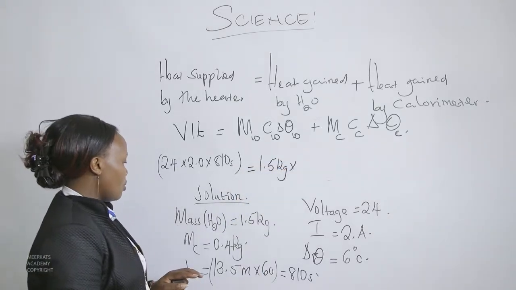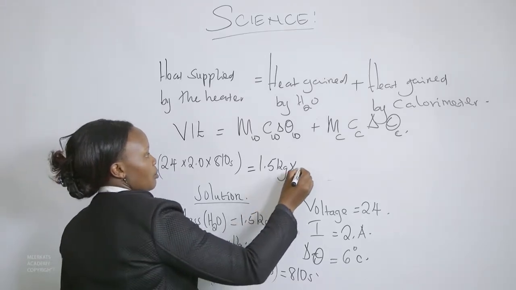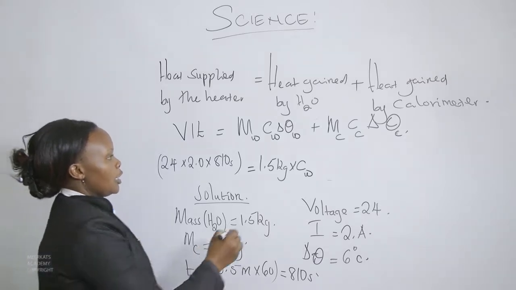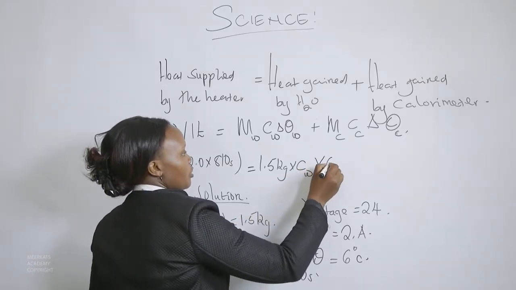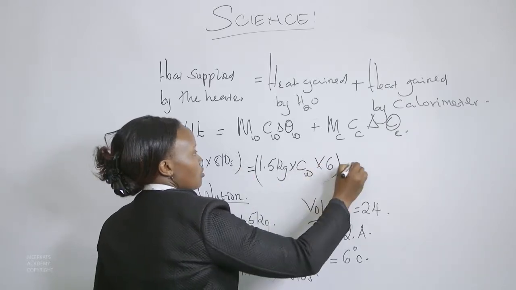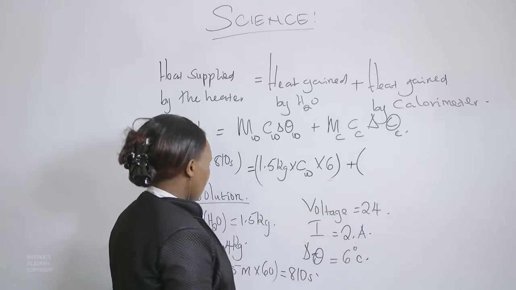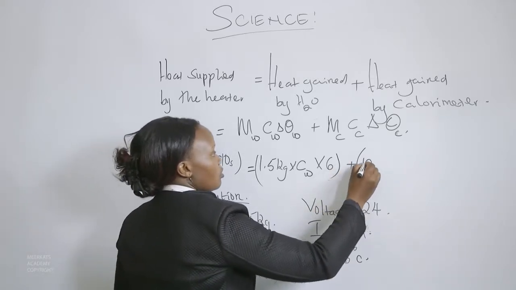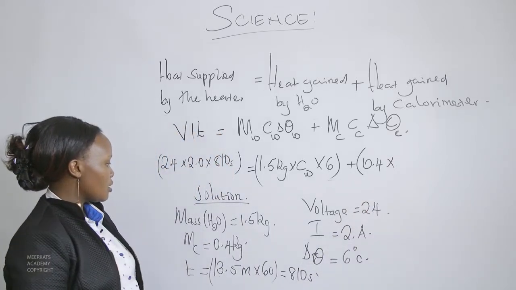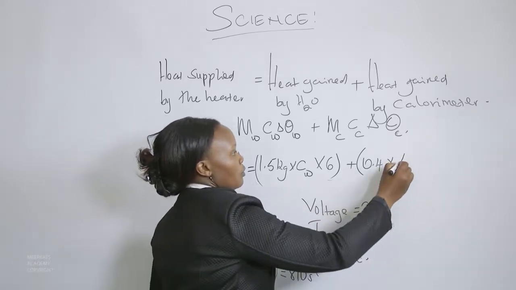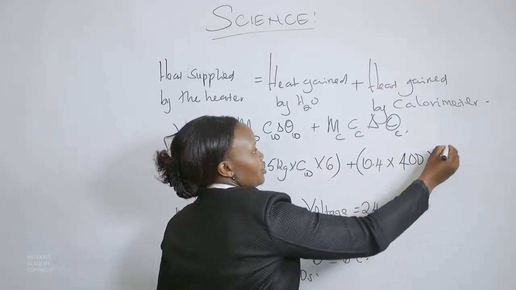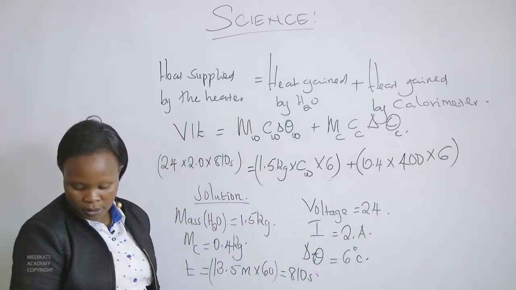This one we multiply by specific heat capacity of water, which we are looking for, and the change in temperature, which is 6. This one we add to mass of the calorimeter, which is 0.4. We multiply by its specific heat capacity, which was given as 400, and then the change in temperature, which was 6.